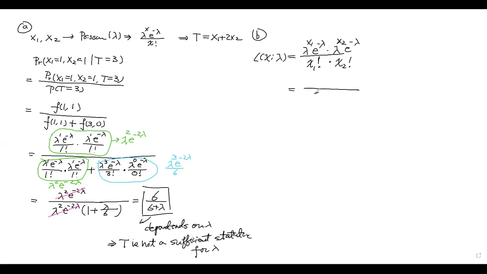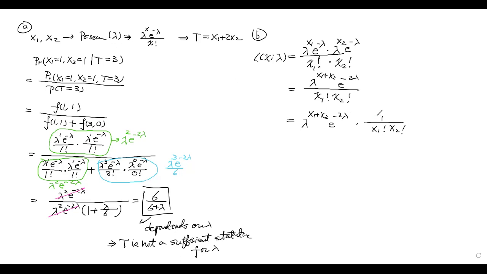Then we can combine a little bit. This would be lambda to the x1 plus x2 and e to the negative 2 lambda, over x1 factorial x2 factorial. By factorization, I will put lambda to the x1 plus x2 e to the negative 2 lambda in one part, times 1 over x1 factorial x2 factorial.